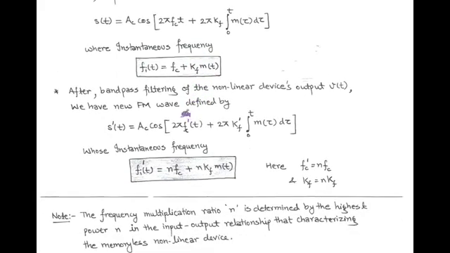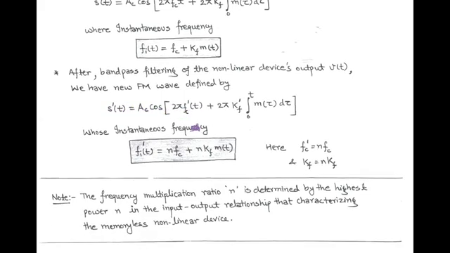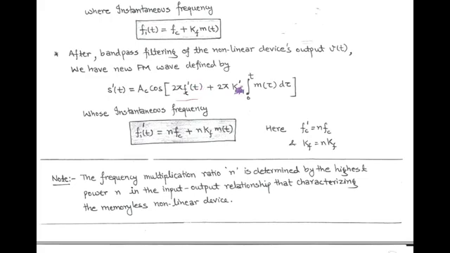Next, after passing through the bandpass filter, we get a new FM wave called wideband FM, and it is defined by s'(t) equals Ac cos within brackets 2 pi fc' t plus 2 pi kf' integral of m(tau) d tau. Here fc' is equal to n times fc and kf' equals n times kf.